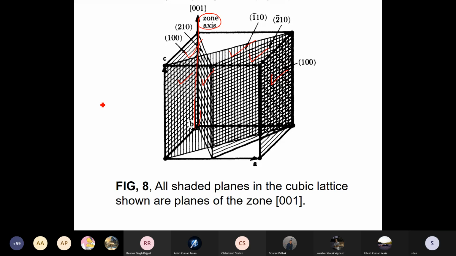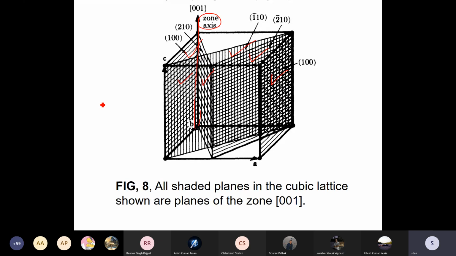Now, these planes in this drawing are parallel to the zone axis. Yes, sir. Now my incident electron beam, which is getting diffracted, is parallel to the zone axis.